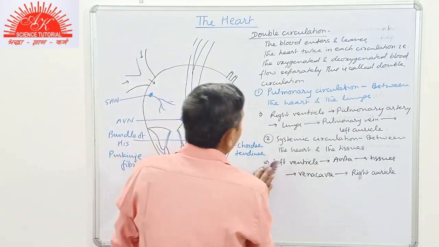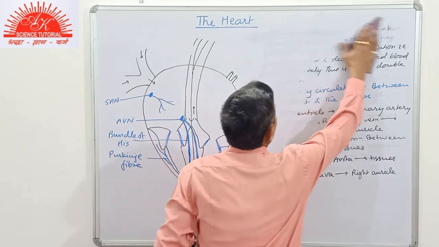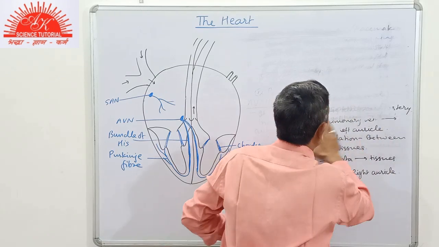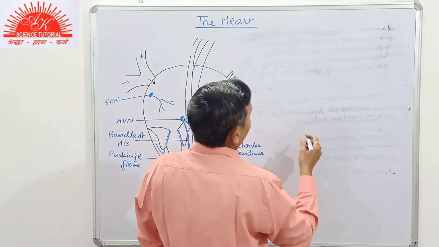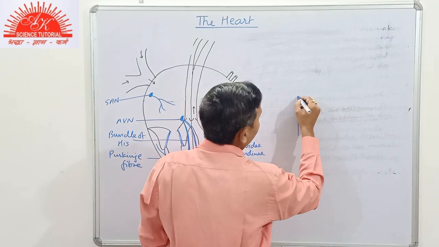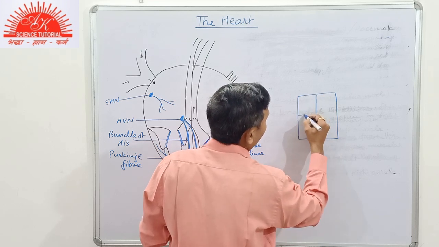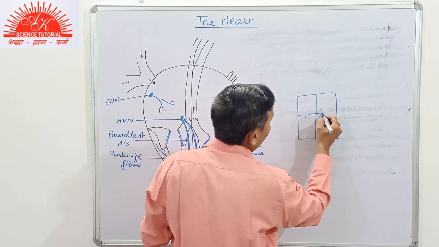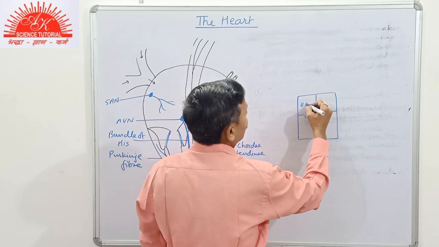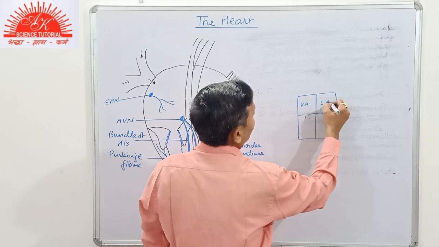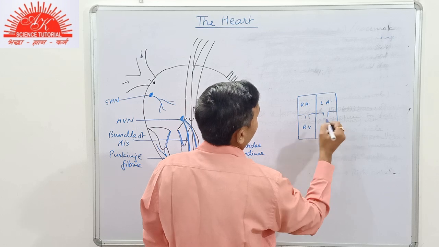Now student, this can be represented by a simple diagram. Suppose as a simple diagram, we take this as the heart. Now suppose this is the right auricle, left auricle, right ventricle, left ventricle.